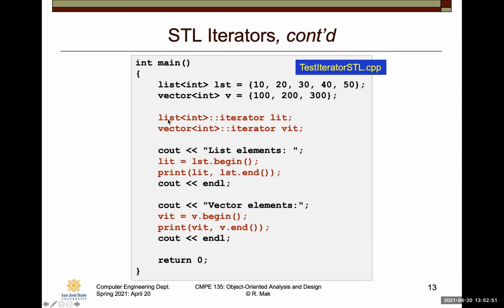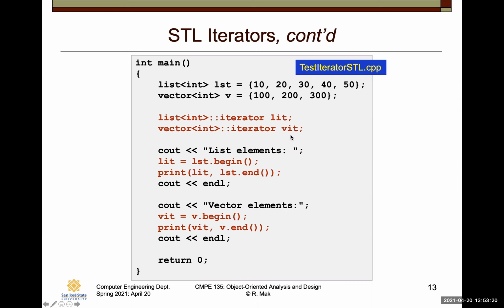Now here, LIT, for list iterator, is the data type. Notice you take the data type of the container, which is list of integers, and then it's ::iterator. So that is the iterator data type associated with this linked list of integers.